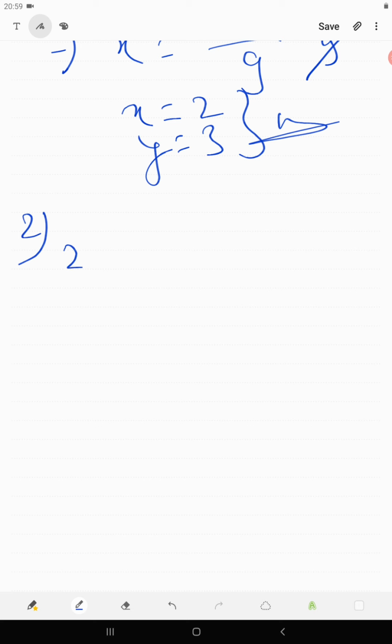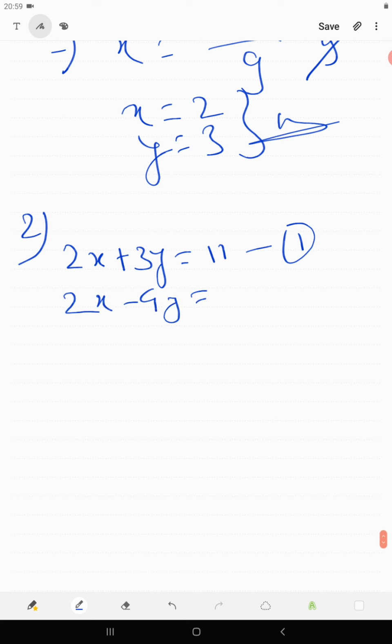So the first equation is 2x plus 3y equals 11. This is our equation 1. And the second equation is 2x minus 4y equals minus 24. This is our equation 2. Let's first concentrate on these two, then we will see what it is telling for the next portion. First get the solution for this.